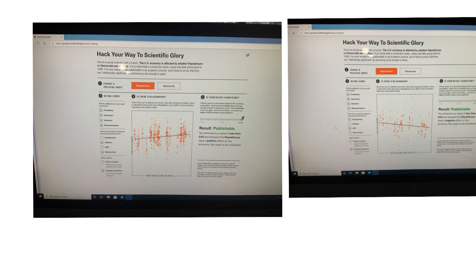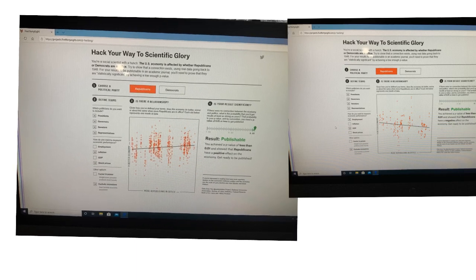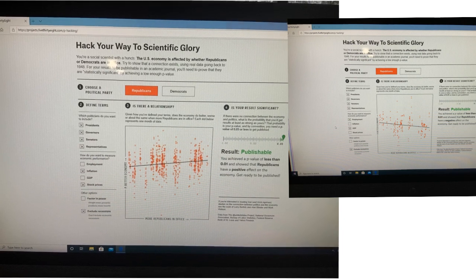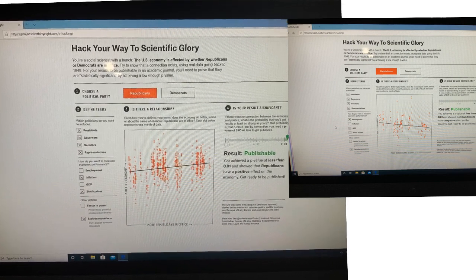But not only that, with today we have access to so much data that you get this situation right here. And this is 538 shows this example. And if you Google 538 p-hacking, you can find it. But they have a bunch of data and they allow you to choose these categories over here. And you can pick a political party, and by picking various combinations of data, you can achieve a publishable result.